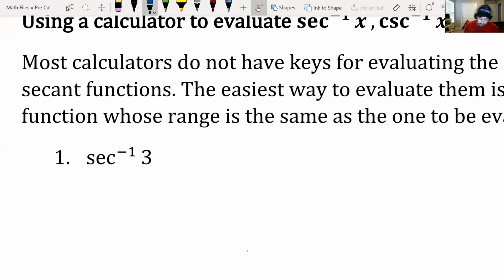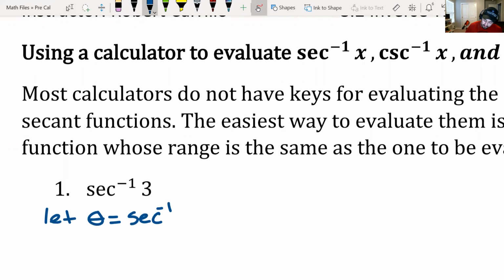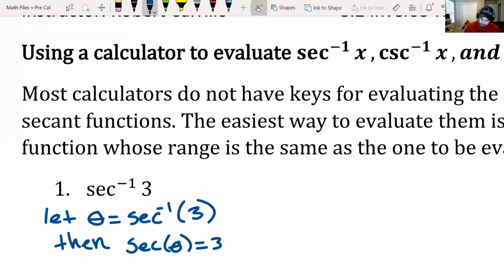So let's go ahead and say let theta equal the inverse secant of 3. Then compose both sides with secant, right? Compose both sides with secant. Secant theta equals 3.